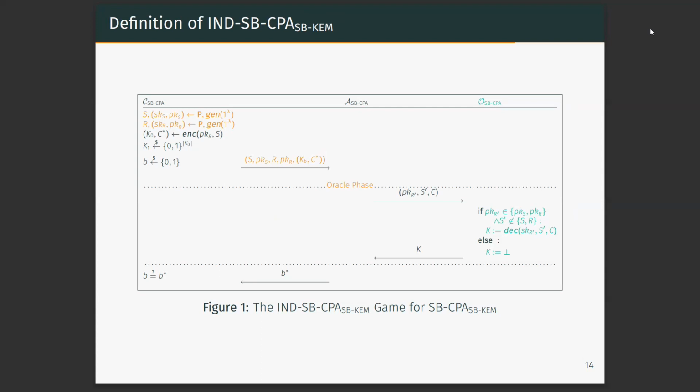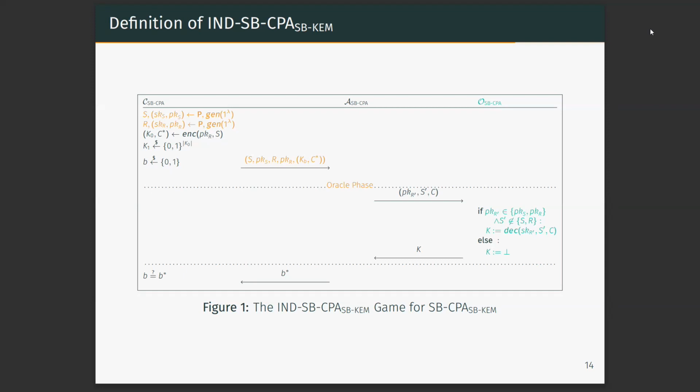So there, I believe in a split KEM, when you do encap, then not only do you use the receiver's public key, but then you also use the sender's secret key. And then to decap, you use the receiver's secret key and the sender's public key. But in your sender binding KEM, I guess the sender is using a sender's public key in some sense.